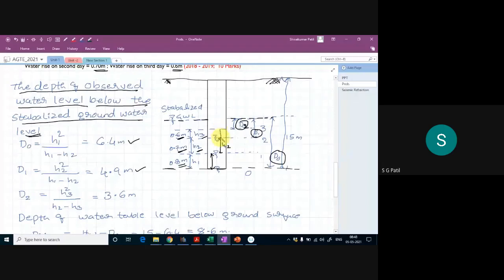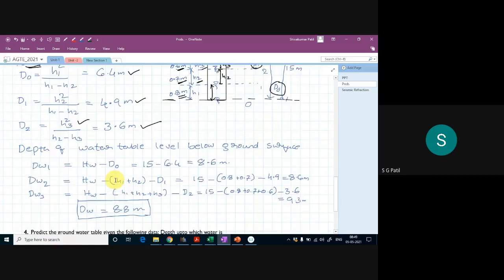This is D0, this is D1, and this is D2. D2 is nothing but H3 square divided by H2 minus H3, which will give me 3.6 meter. So now I got the depth of the water table from the stabilized groundwater level, right?